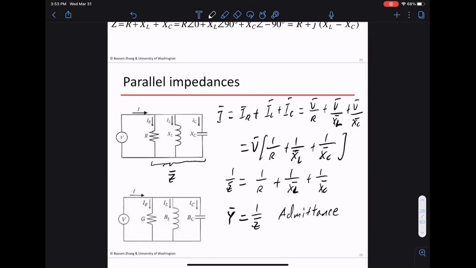When things are predominantly in parallel, it's often notationally more convenient to look at 1 over the impedance rather than the impedance itself. In this case, if you just look at 1 over things, then it's just adding. So we can define the same circuit taking the reciprocal earlier, then just addition.